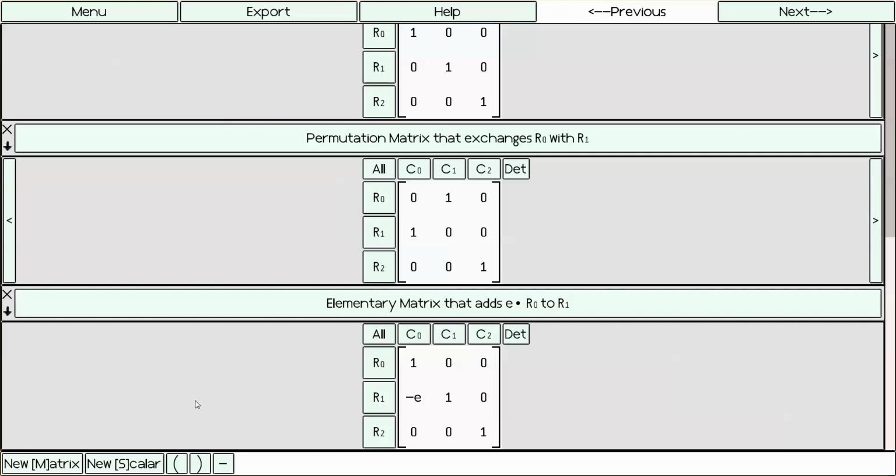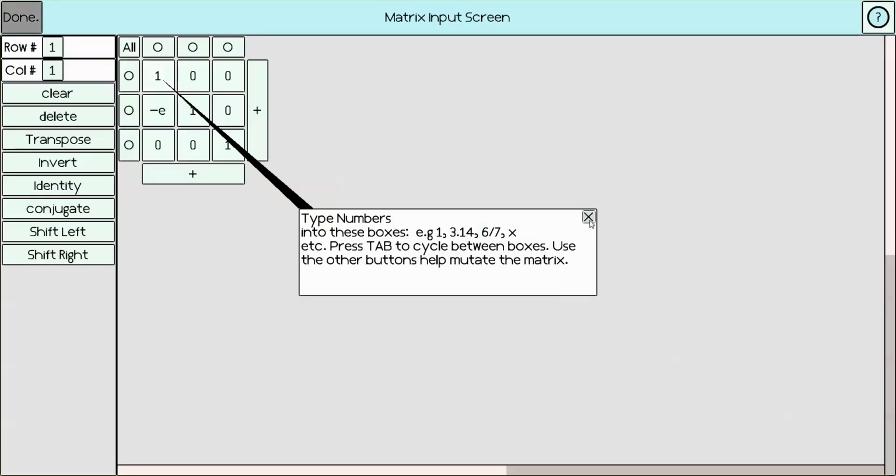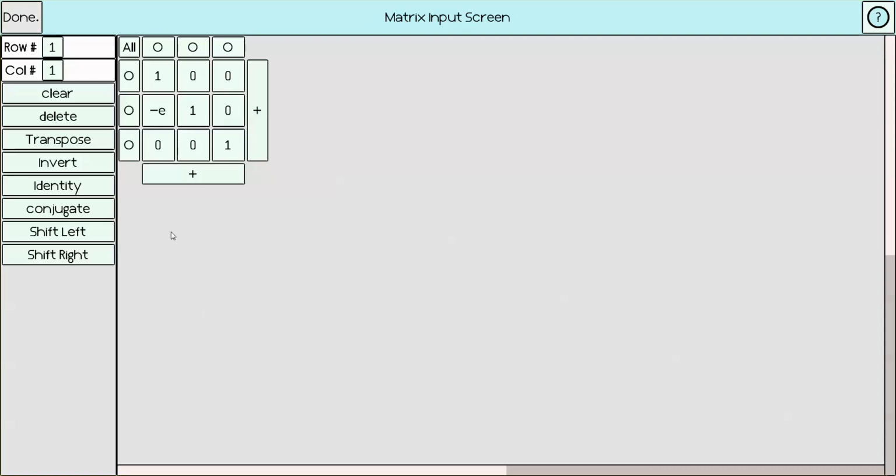An interesting property about the elementary matrix, let's select it right now, is that the inverse of it can be computed by merely negating the non-zero box. See, the inverse is equal to E. Let's invert it again.